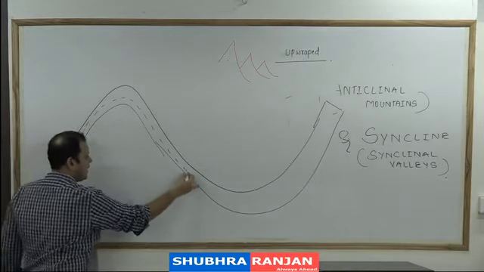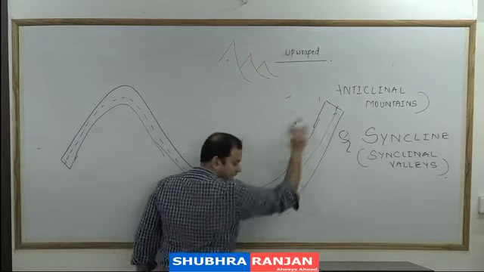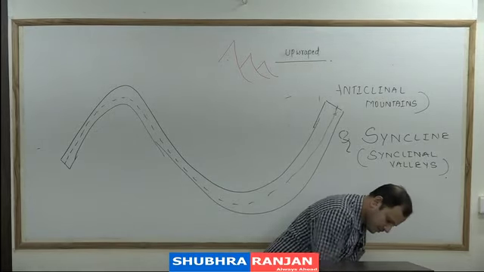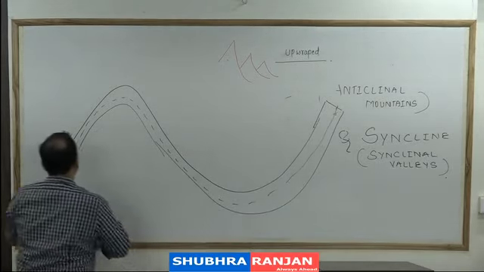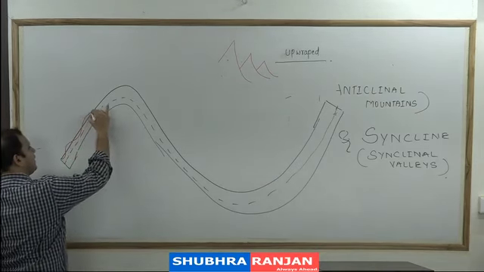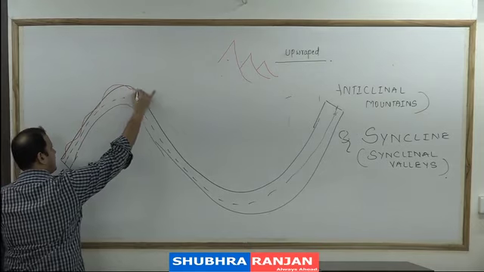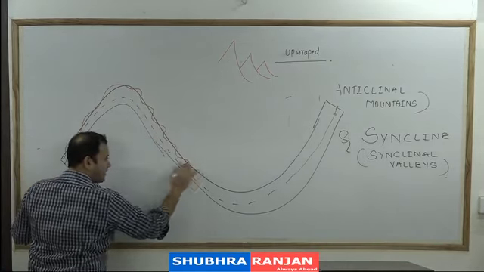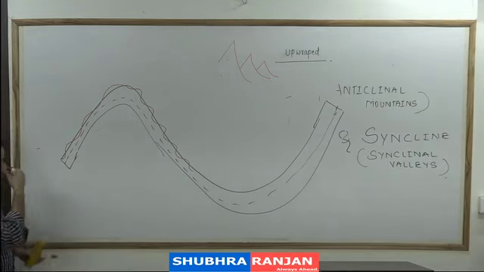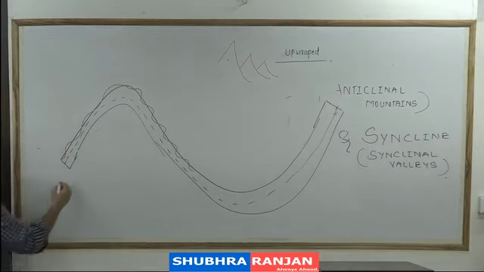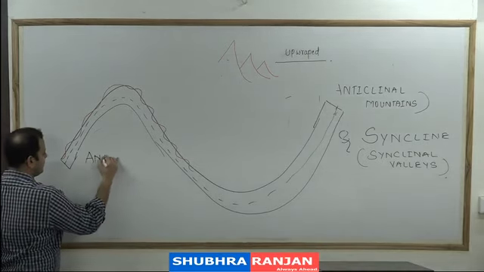Sometimes what we see is on a single anticline there are series of anticline and syncline, anticline and syncline, anticline and syncline here. That is, जब भी आप trekking पे जाओगे mountains पे, you will see there is up and down. So this kind of a process in which on a single anticline there are more than one anticline and syncline, it is known as anticlinorium.